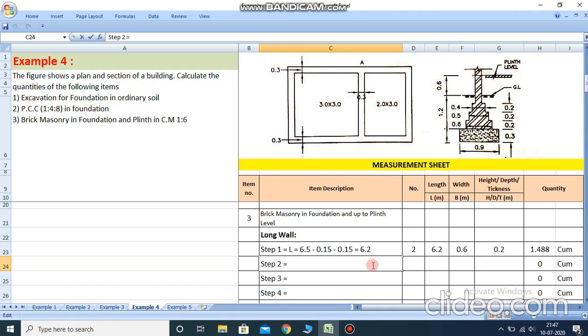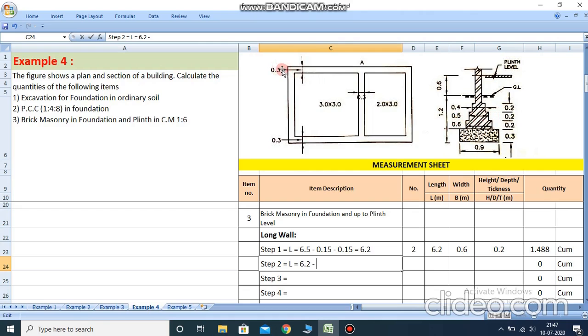Now for step 2, the total length is equal to the first step wall length, 6.2. So right here 6.2 minus the difference between the 0.6 meter and 0.5 meter, which is 0.1 meter. So for the left side this offset and for the right side this offset, so here 0.05 and 0.05 on both sides.